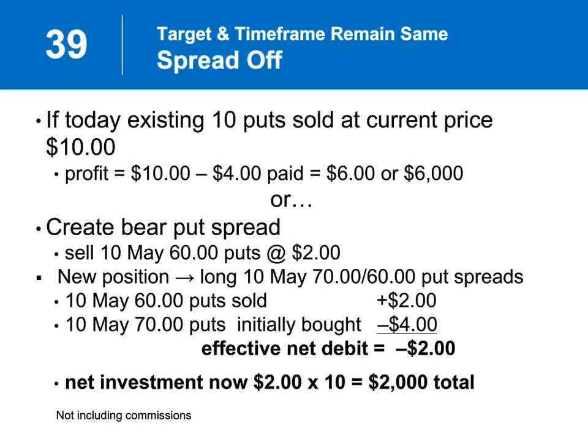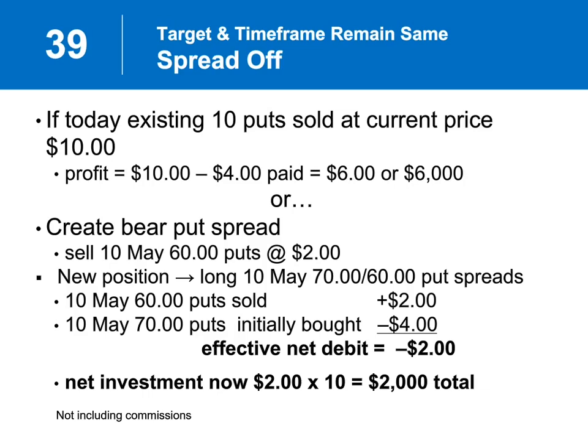So again, if there's no premium, we could profit and make that $6,000, but if we create this put spread, again, we bought the May 70 puts for $4. These May 60 puts, still with time to expiration, and the stock here at 60, they're trading for 2. So we're able to put on this 70-60 put spread for $2.